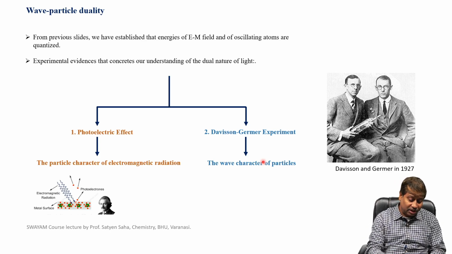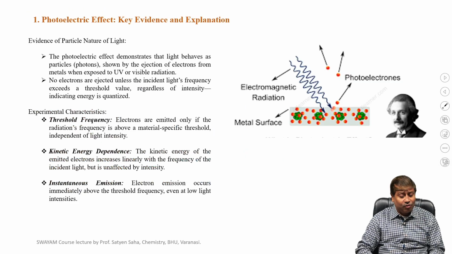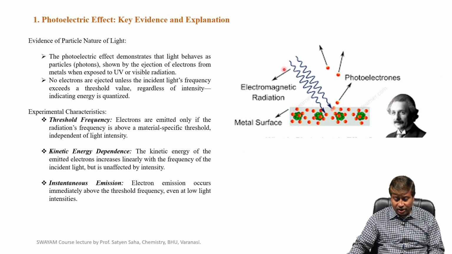Now we will be studying the photoelectric effect. When radiation falls on a surface, sometimes it ejects an electron, and the electron has kinetic energy and goes away. Sometimes you apply the radiation, but nothing happens. Einstein gave a formulation for that.